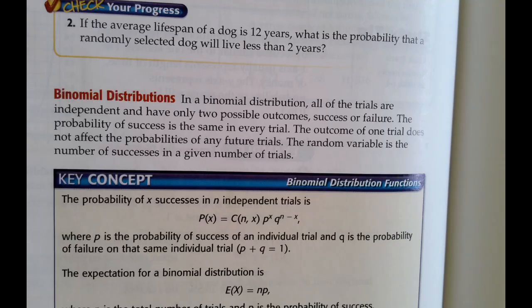Okay? The random variable is the number of successes in a given number of trials. Okay?